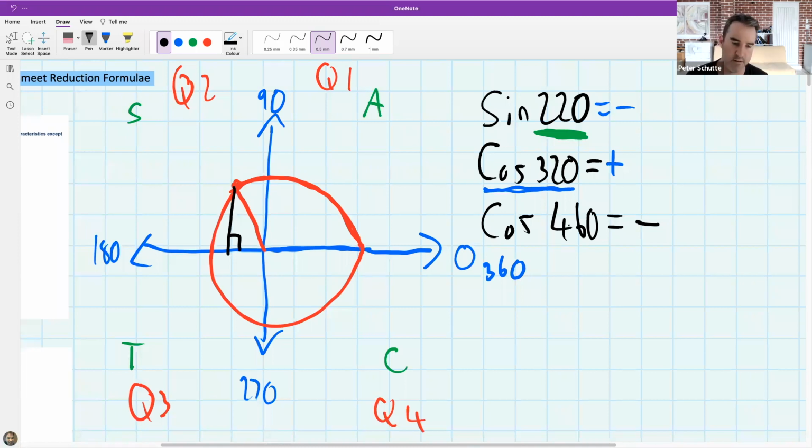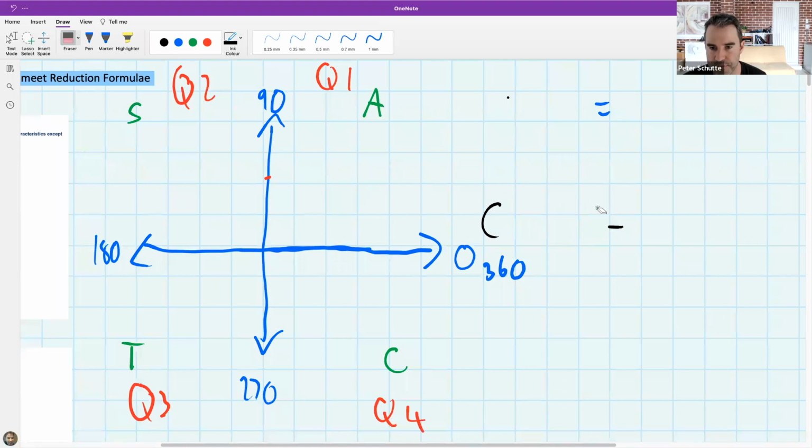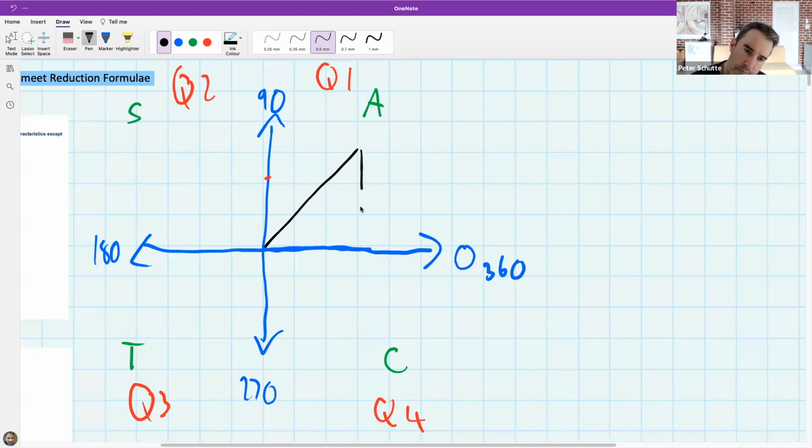Okay, fantastic. Now, here is the second part that we need to know about. One of the things that the CAST diagram does is it helps us also reduce angles to smaller values. So if you imagine a triangle that is in quadrant number 1, it would look like this.